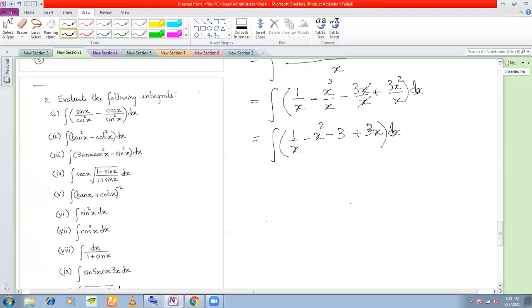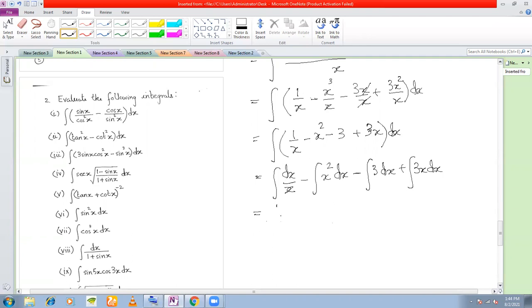Now you can separate, you will get integral dx by x minus integral x squared dx minus integral 3 dx plus integral 3x dx.